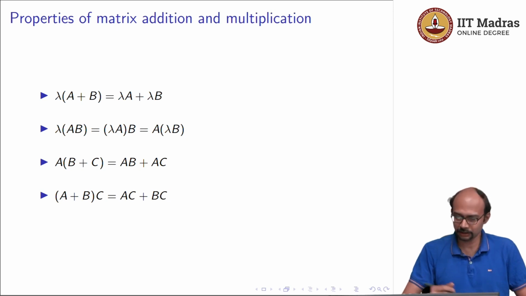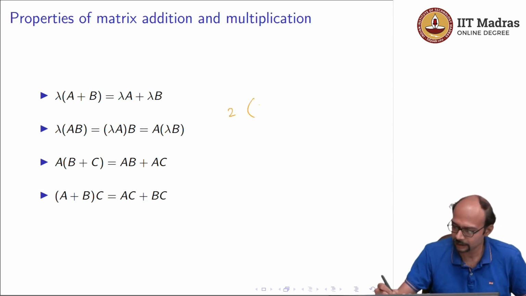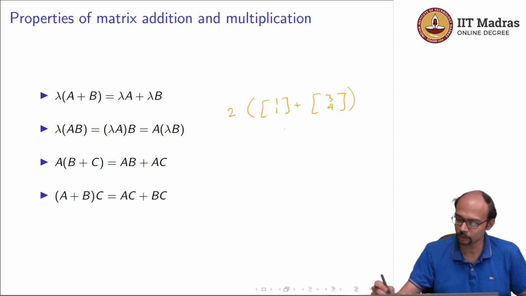So I'll suggest that you actually compute things like this. For example, I'll give you an example here, which I'll suggest that you compute and see what happens. See if, for example, this is the same as 2 times 1 plus 2 times 3, 4, and so on.